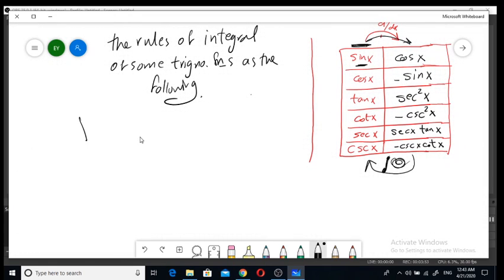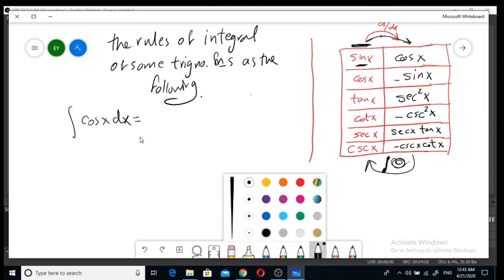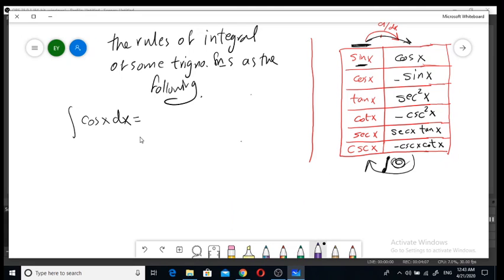So the integral of cosine x with respect to x is going to be sine x, because the first derivative of sine x is going to be cosine x. But don't forget plus the constant, plus c.